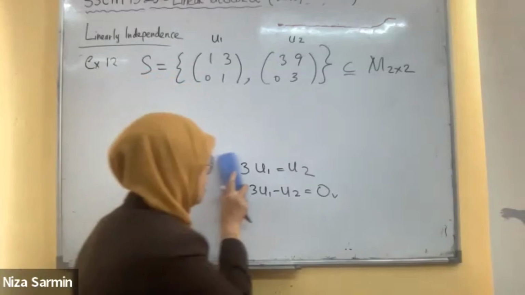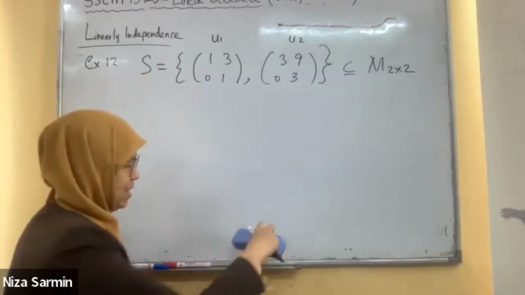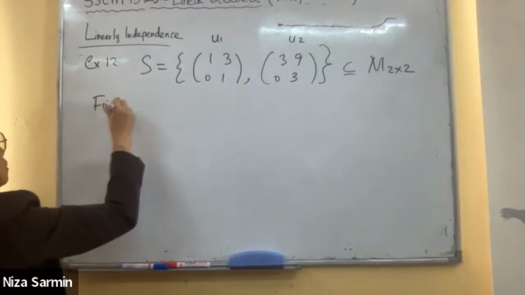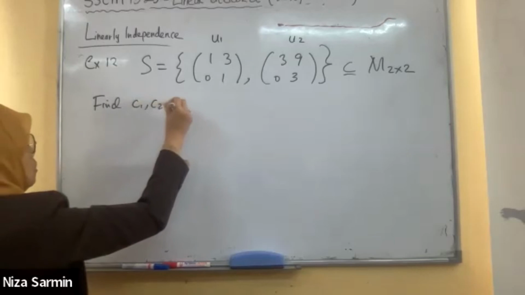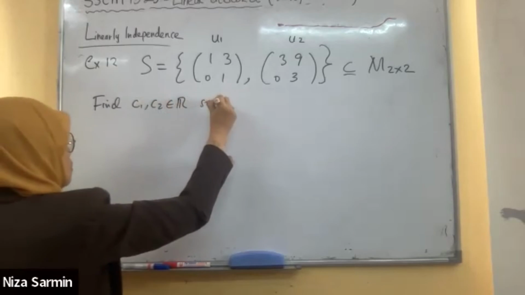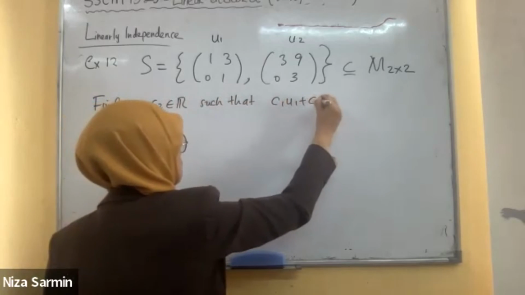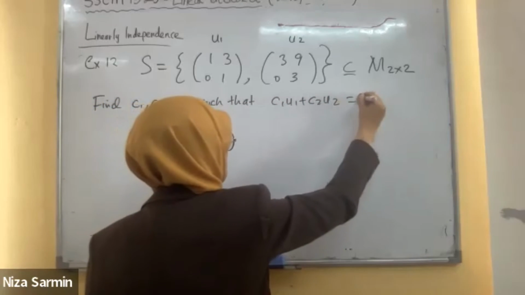Erase first. Okay, because I will write again. Okay, so find C1, C2 in R such that C1u1 plus C2u2 equals 0.